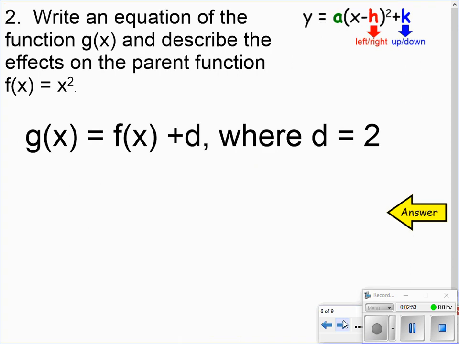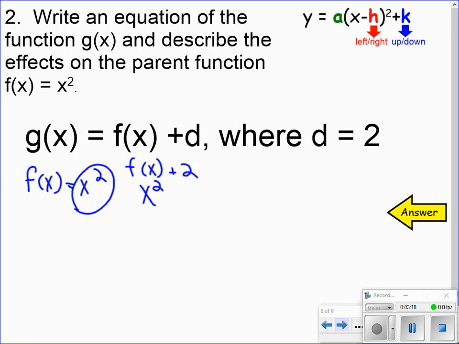We're going to write the equation of the function. So we have f of x equals x squared. This is our parent graph. And it says g of x equals f of x plus k, where k is 2. So really we have f of x plus 2. So this says take your entire function of f of x. In this case, f of x is x squared.